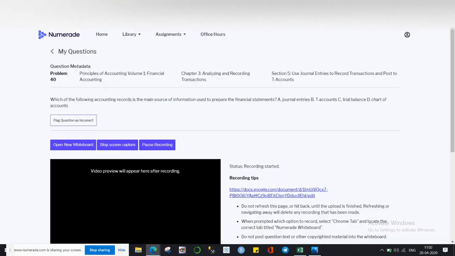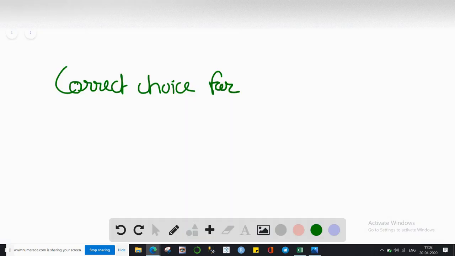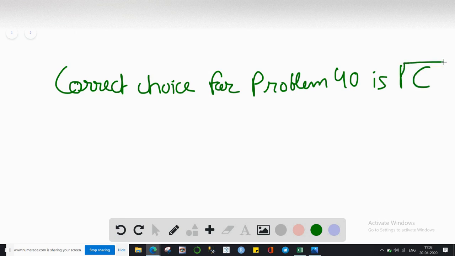So the correct choice for problem 40 is C, that is to say trial balance.